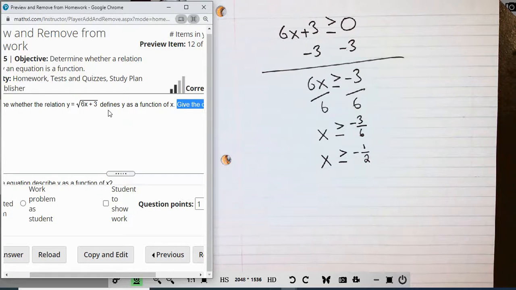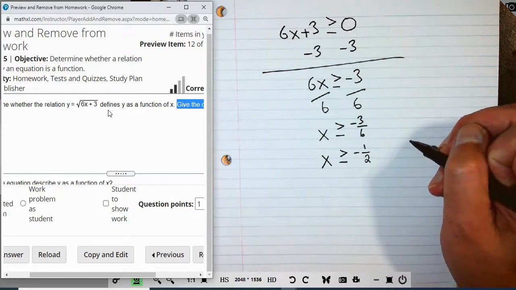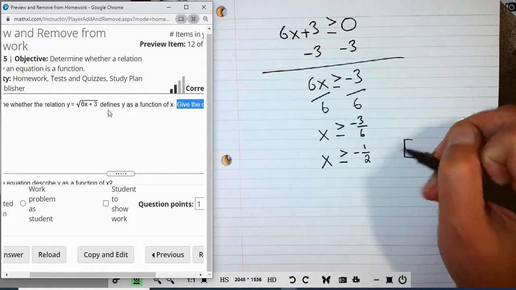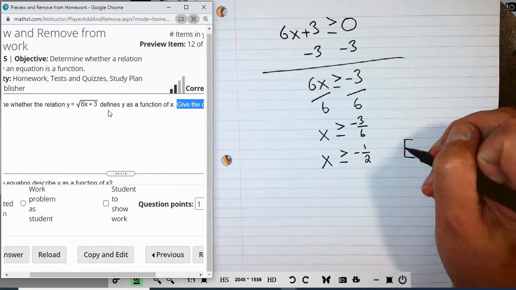Everything we do in this particular class revolves around interval notation, so we have to turn that into interval notation. It is a greater than or equal to situation, so it's a bracket, because it includes the endpoint.